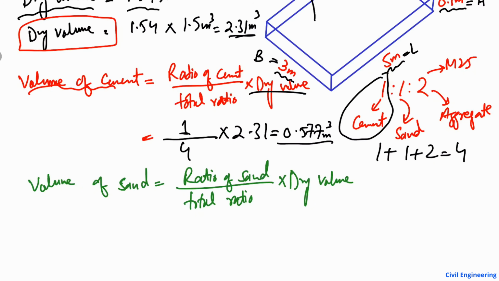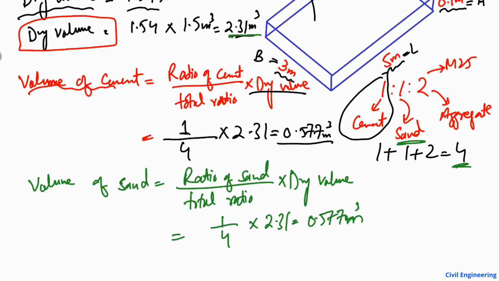It's the same as for the cement. So the ratio of the sand is again 1, divided by the total ratio, which is 4, multiplied by the dry volume, which is 2.31. It's also the same. So we get 0.577 cubic meter of the sand used in this concrete slab.